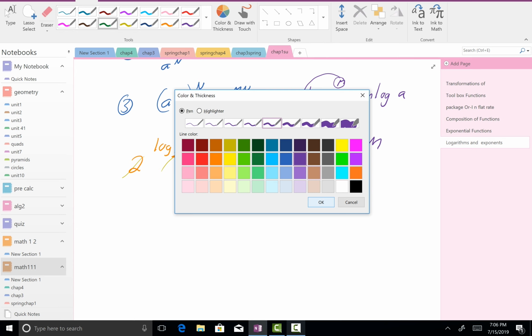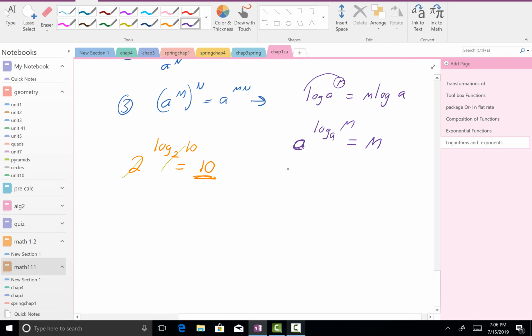They talk about the change of base formula, but the change of base formula has pretty much been eliminated because you don't really need it. It goes like this. So it says the log of m base a is equal to the log of m over the log of a, where you can choose your base.